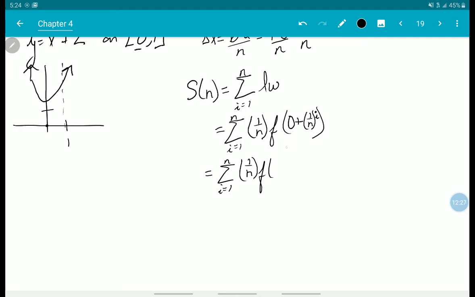So this is going to simplify to i over n. So let's talk about what that means again. Let's say we were talking about 2 rectangles. So let's pretend we're talking about 2 rectangles. Okay, so we're starting at 0. We want to go to 1. If we're talking about 2 rectangles, then they have a width of 1/2.